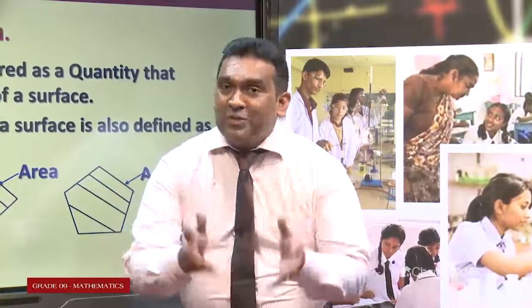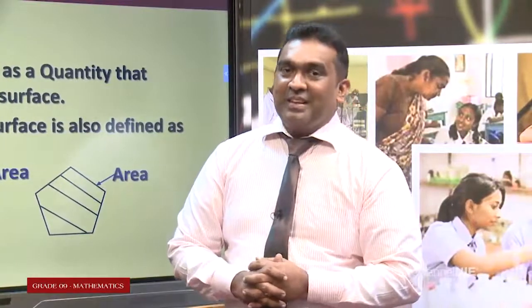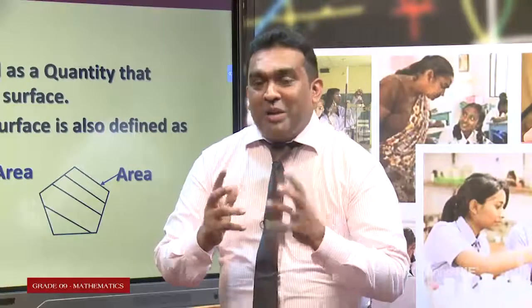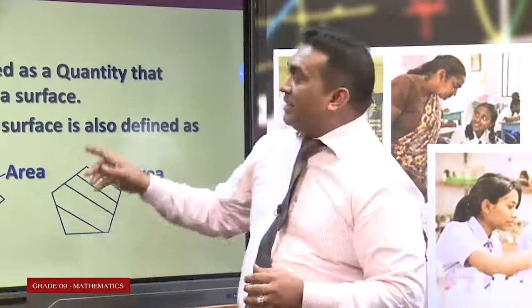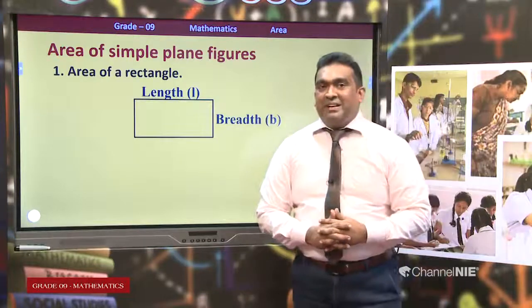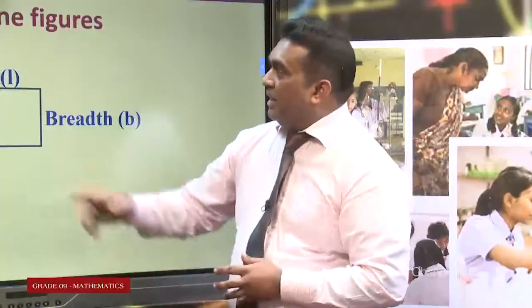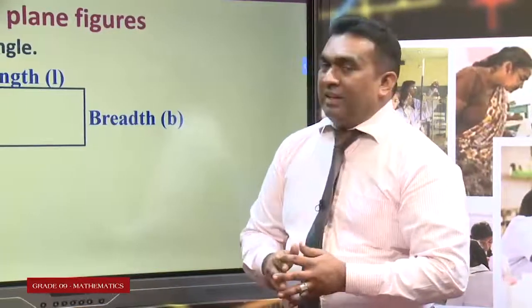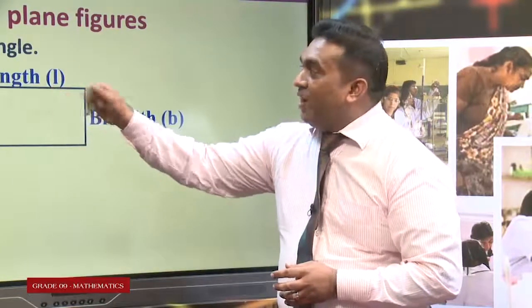What are the topics we are going to discuss in this lesson? Parallelogram, trapezium and the circle. Before learning about those plane figures, we can consider our basic plane figures: area of simple plane figures. Under that, we are going to consider the area of a rectangle.